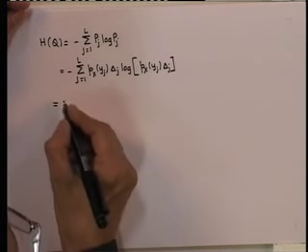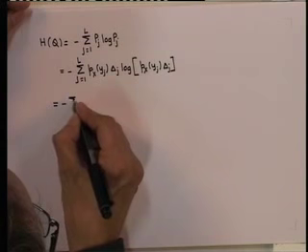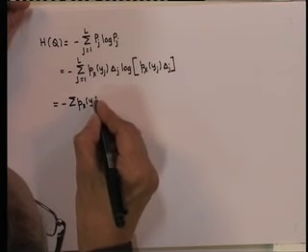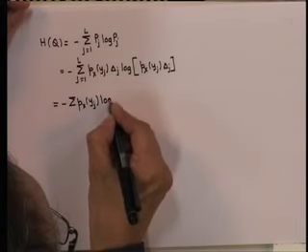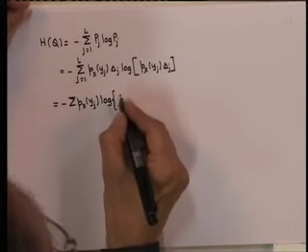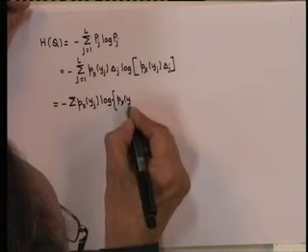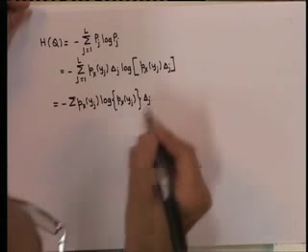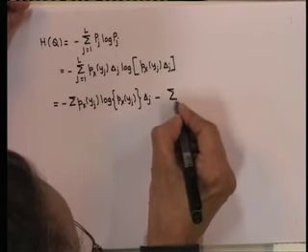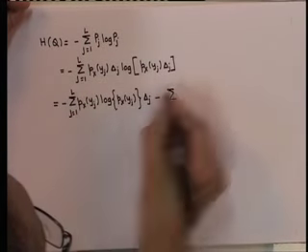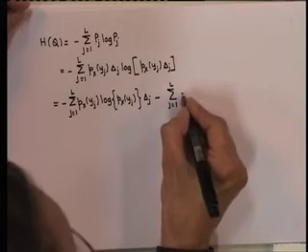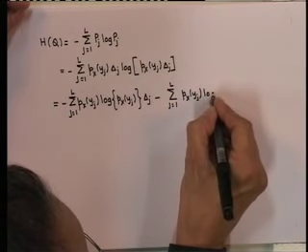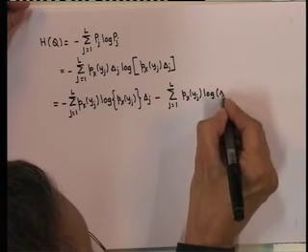This can be rewritten further in terms of log of delta j.